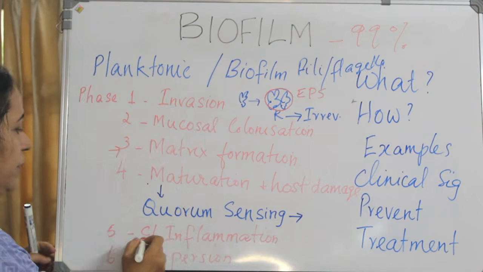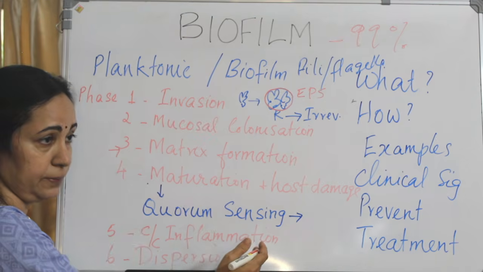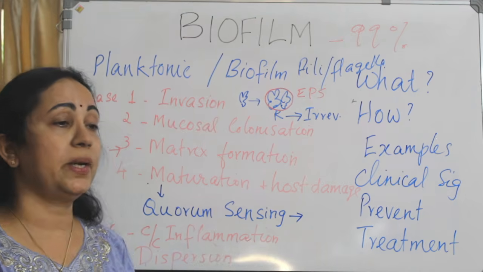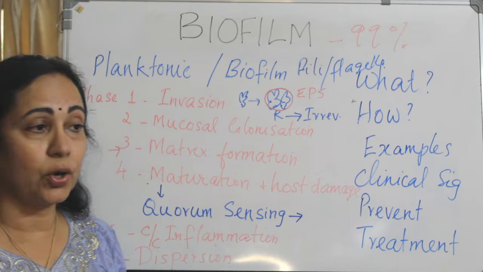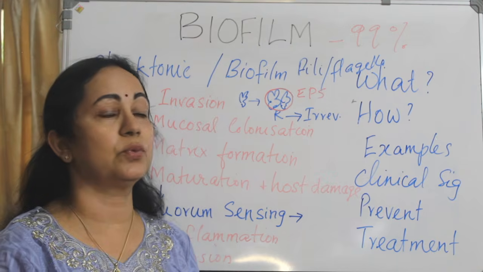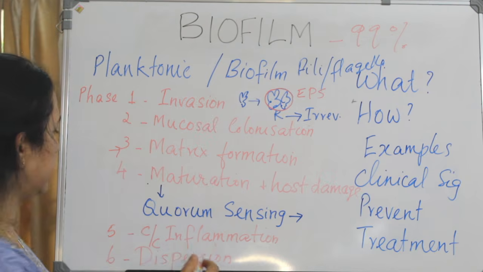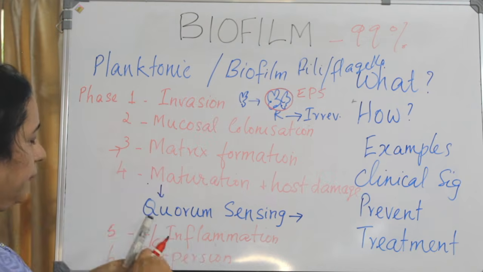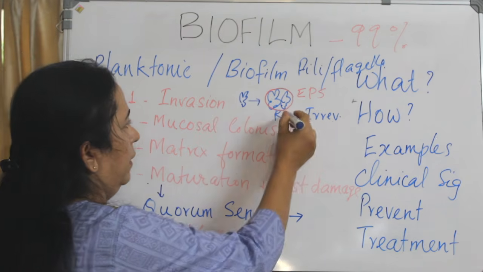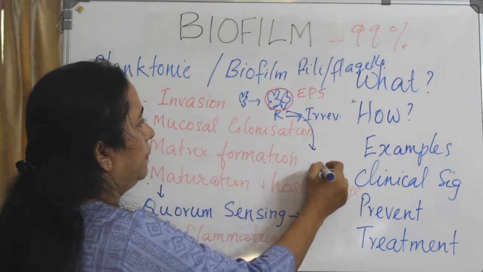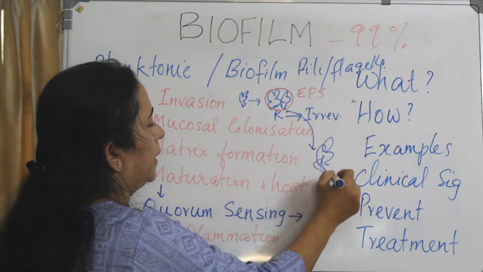After that, phase 5 is chronic inflammation, and it releases pro-inflammatory cytokines and tissue remodeling factors, so that there is mucosal damage, mucosal edema and polyp formation. It matures and becomes big.